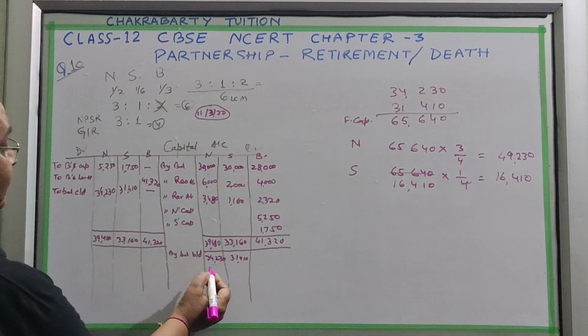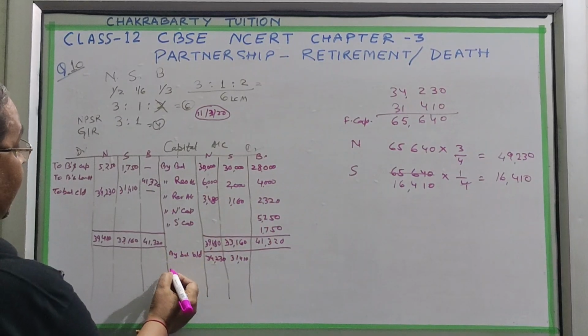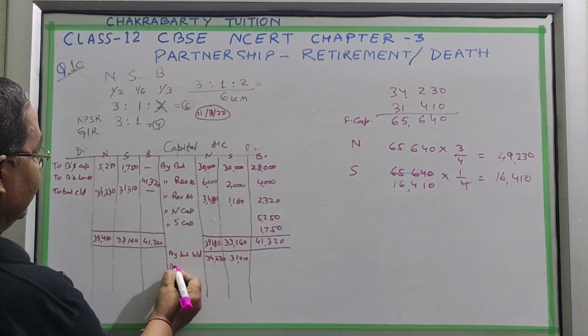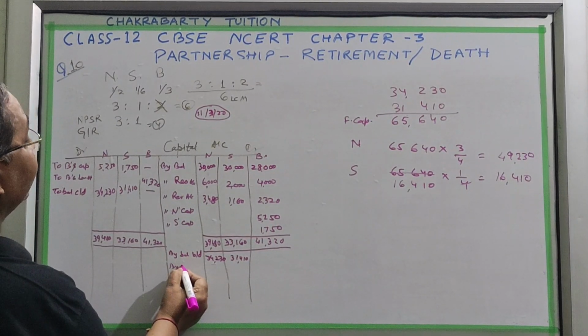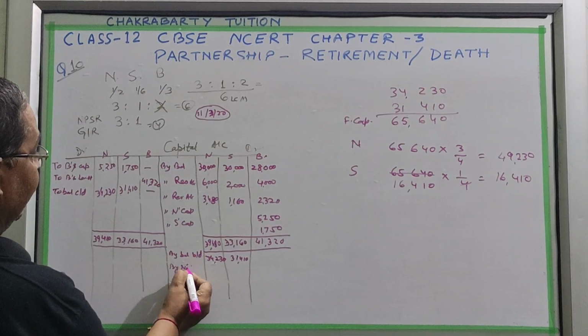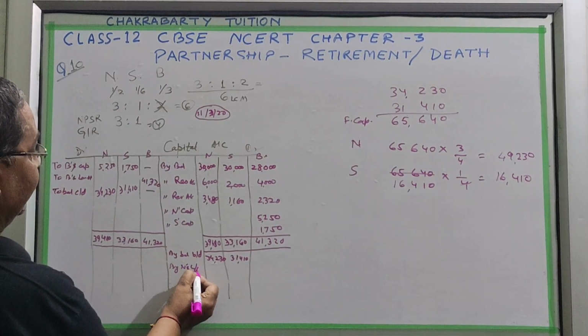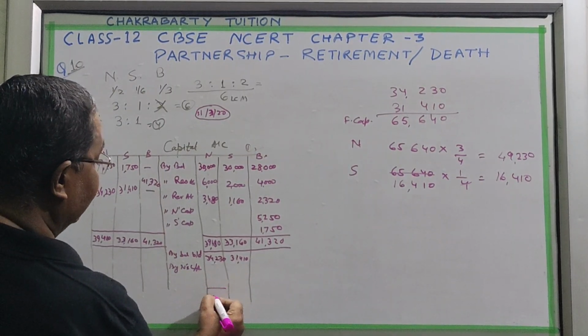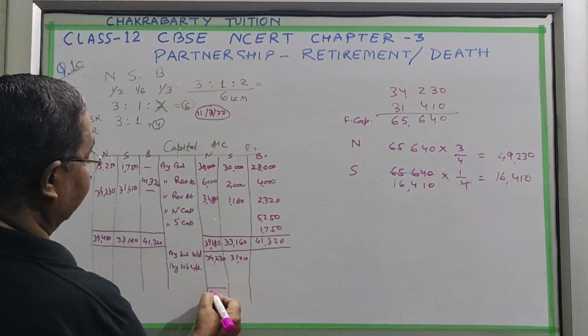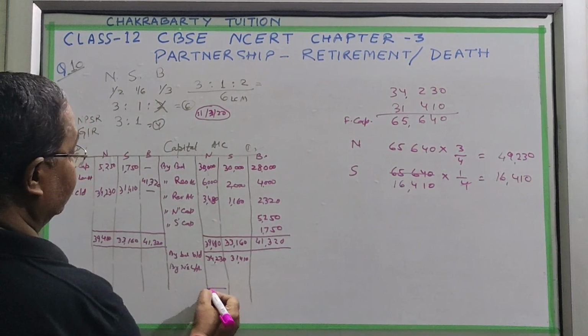So first it is 34,230, but he has to give money. So by current account, by N's current account, we will make it again how much? 49,230, because we want a total.